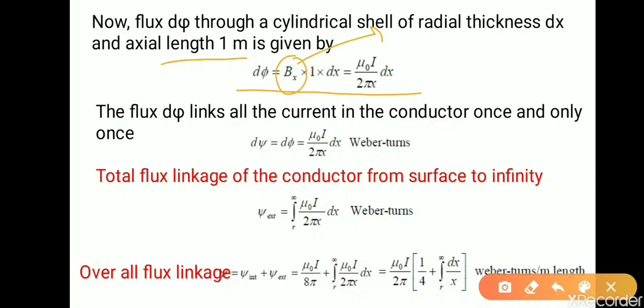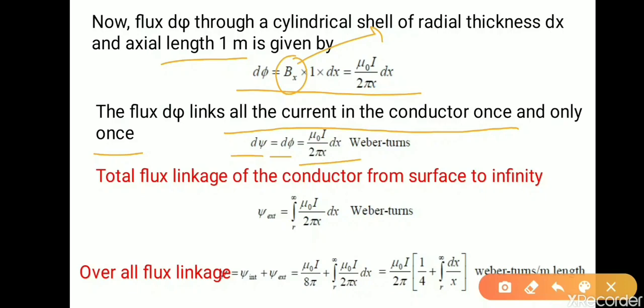So the flux dφ will link all the current in the conductor once and only once. So dφ equals dψ equals μ0 I by 2πx dx Weber turns.